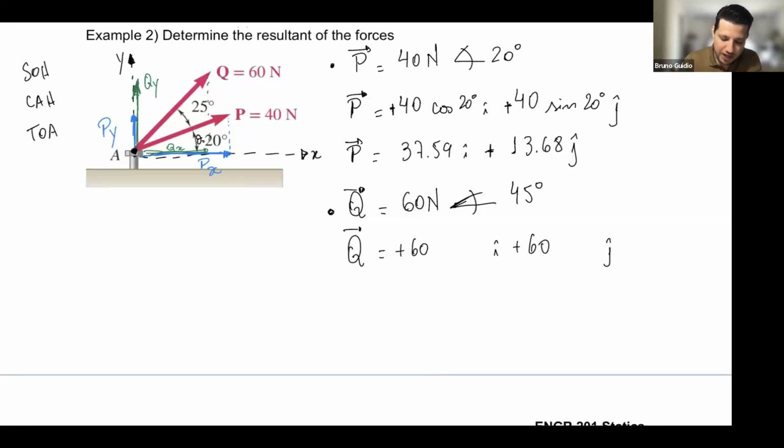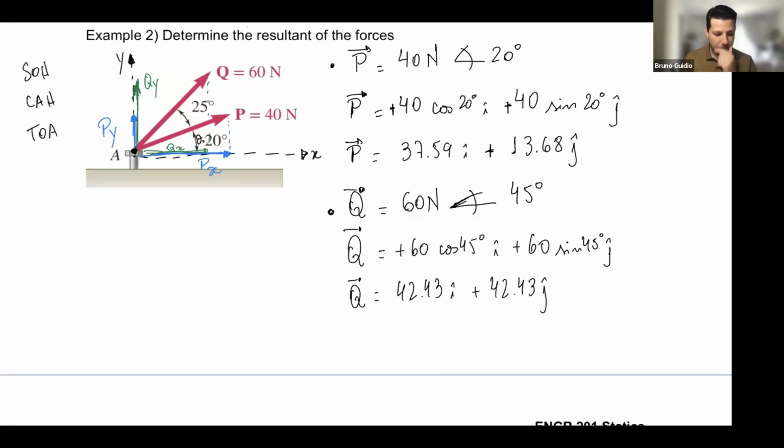Just following the same logic, 45 is measured from the x-axis, meaning that this is going to be the cosine of 45, and this is going to be the sine of 45. However, for 45 it doesn't matter, sine and cosine are the same, but just for you to visualize. Q is 42.43 i hat, 42.43 j hat. Sounds good? Okay.